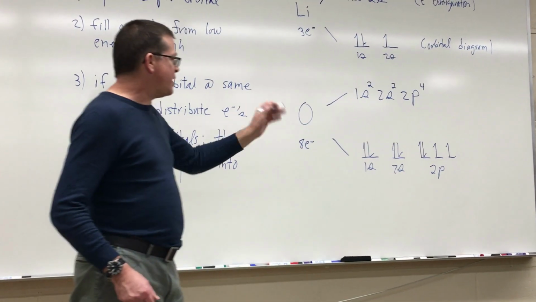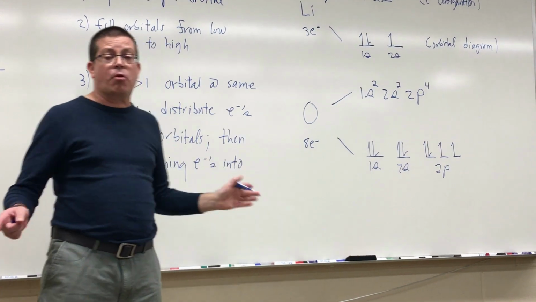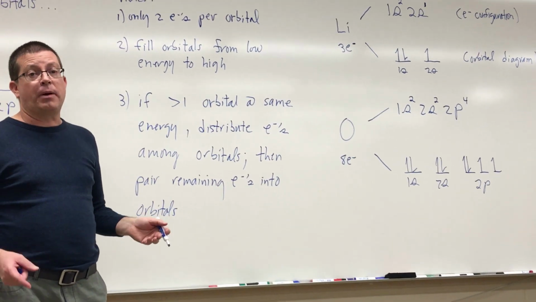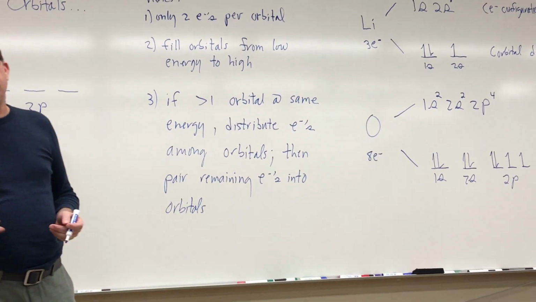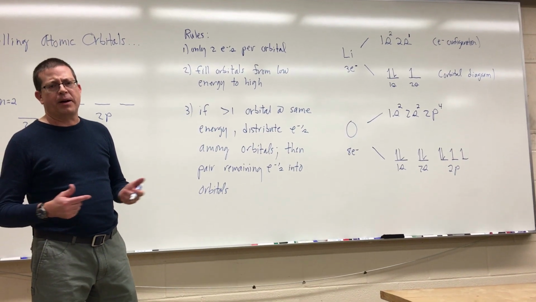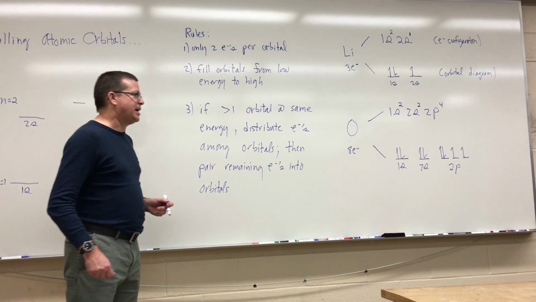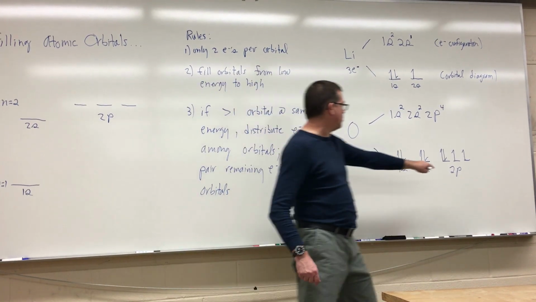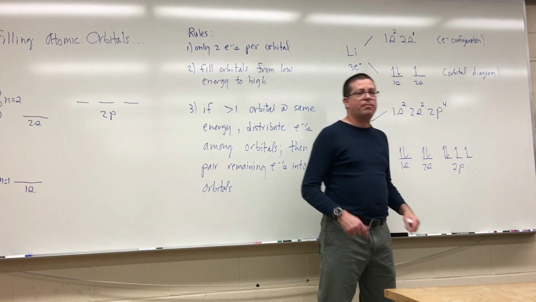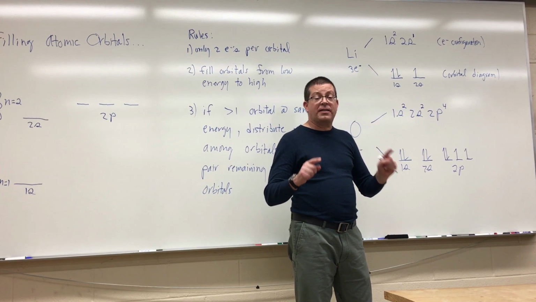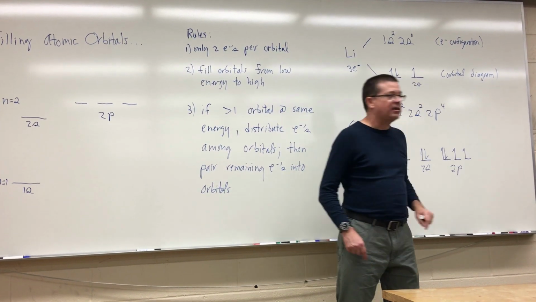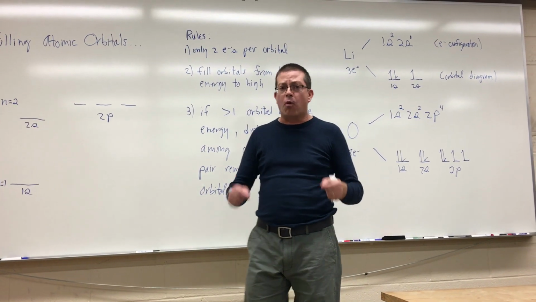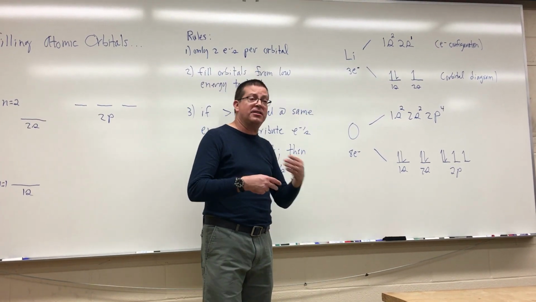Alright? Now the reason why we distribute before we pair is because of repulsion. Remember that electrons carry a negative charge, and because they carry a negative charge, they're going to repel each other. So what that means is that if I have 3 orbitals of the same energy, I'm basically avoiding that repulsion energy by distributing those electrons across the orbitals before I then pair them up in the same space.